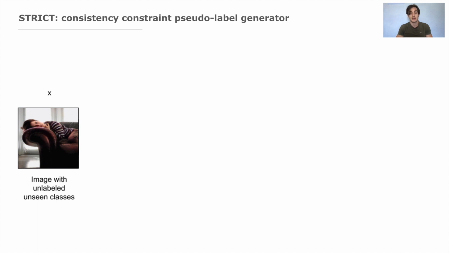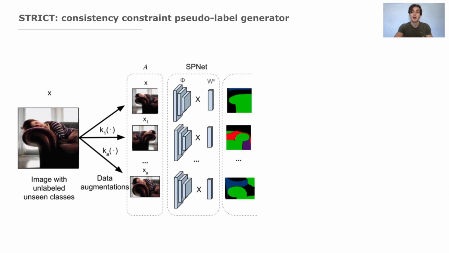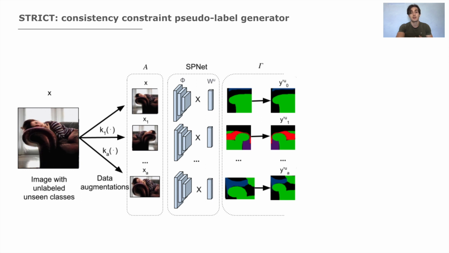Given an image X containing unlabeled pixels, we apply k different data augmentations to obtain a set of k augmented images. We then apply the model P_t to generate hard pseudo-labels as one-hot labels for every unlabeled pixel in each augmented image, and we obtain a set of k hard pseudo-labeled masks for the image X. Then the inverse data augmentation is applied to transform the augmented masks back to the original space.